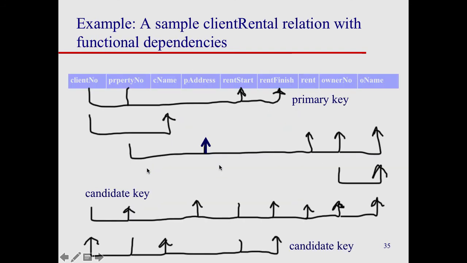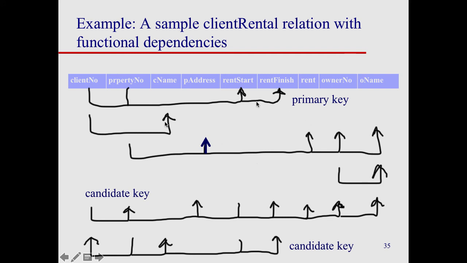What we'll get into next time is that we're going to remove this partial dependency here. We're going to put client number and client name into their own relation. And then we're going to put property number and all of its attributes into its own relation.